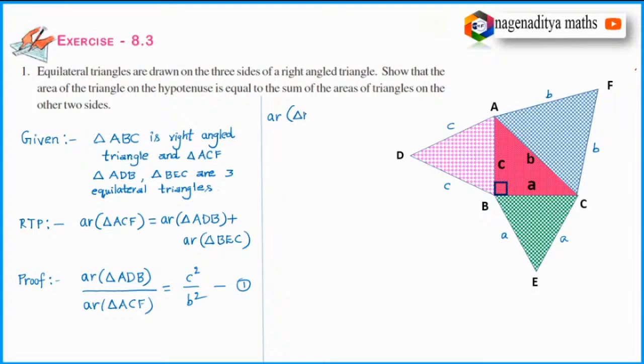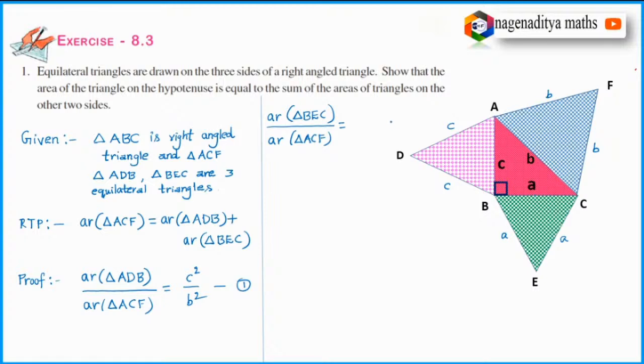Okay. Now I am going to take area of triangle BEC by again area of triangle ACF. These two triangles are also similar triangles. Therefore, the ratio of their areas is equal to the ratio of squares of corresponding sides. So, in triangle BCE, the corresponding side is BC and the corresponding side in triangle ACF is any side.